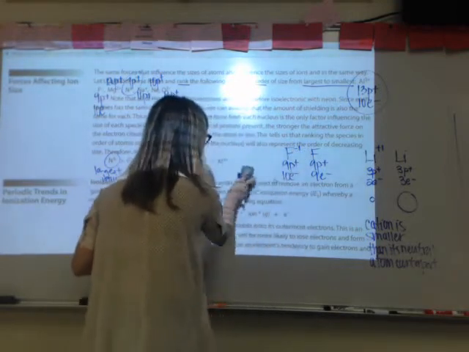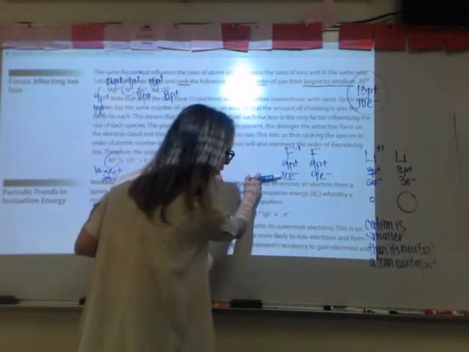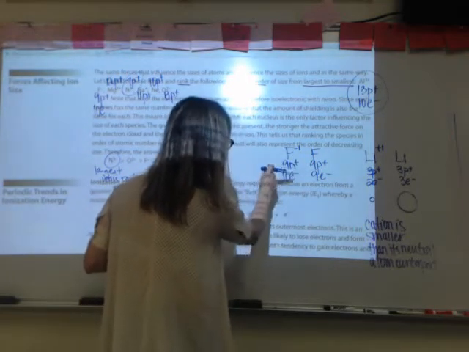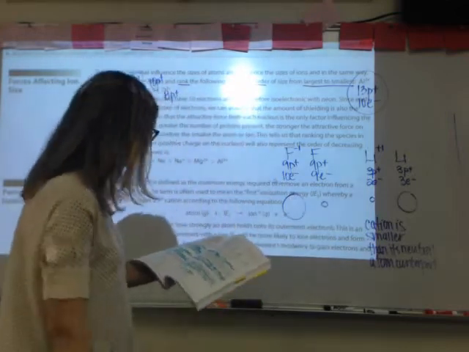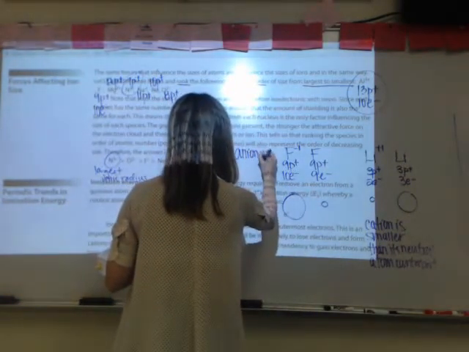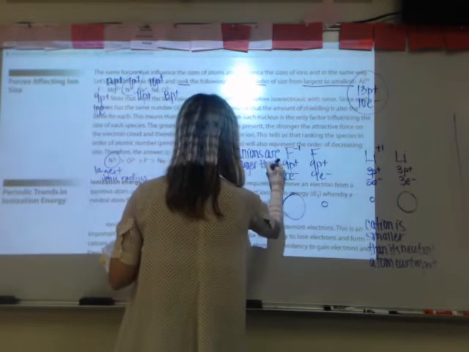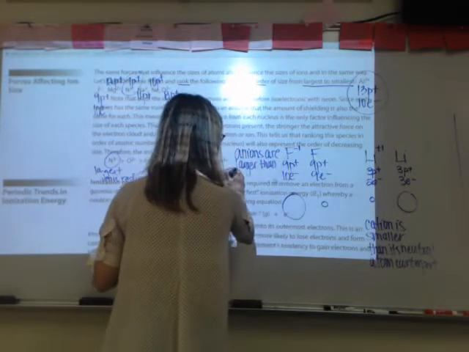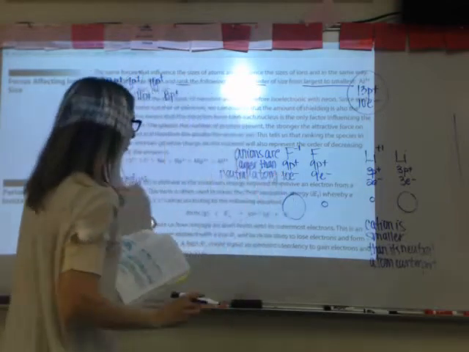What that means is I don't have enough positive charge in the nucleus to draw in this extra electron, so the anion will actually be larger than the neutral atom counterpart. And I'm exaggerating the sizes here. So the anions are larger than their neutral atom counterparts, okay?